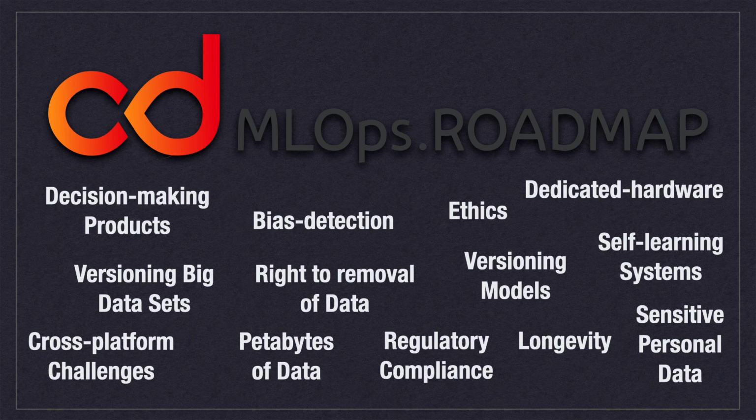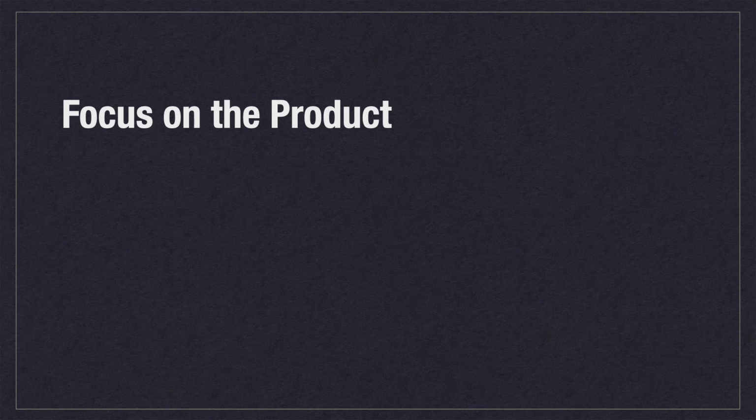So how do we actually start to address these problems in practical ways? Well, realistically, what we need to do is put the focus on the product, not on the machine learning.